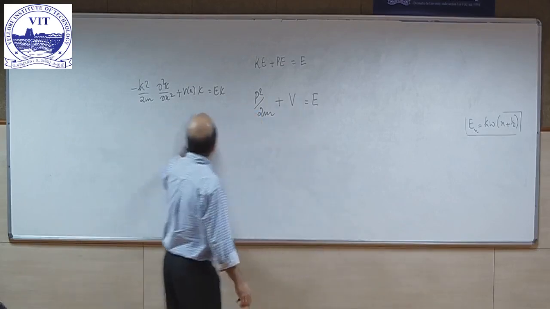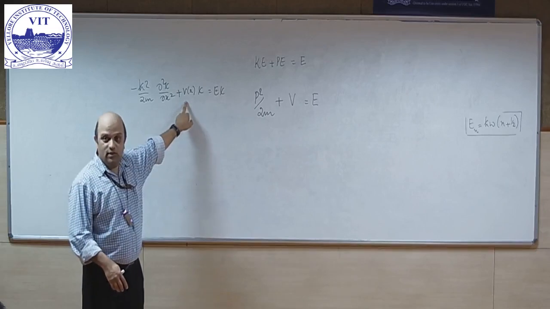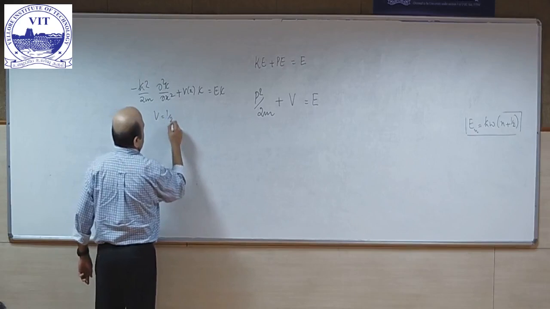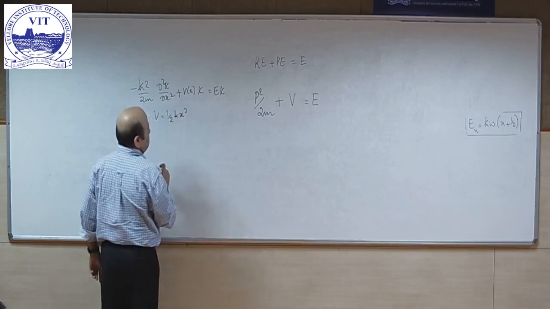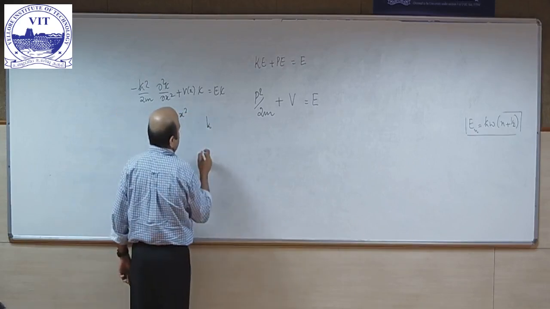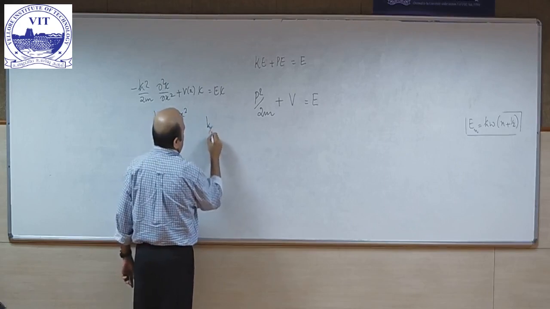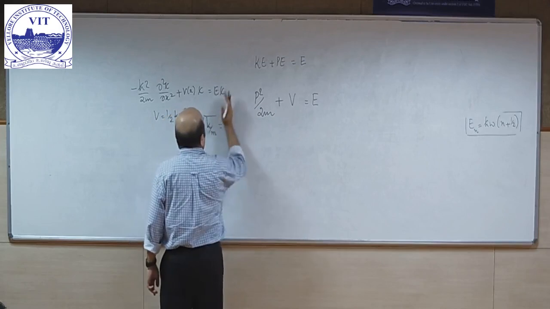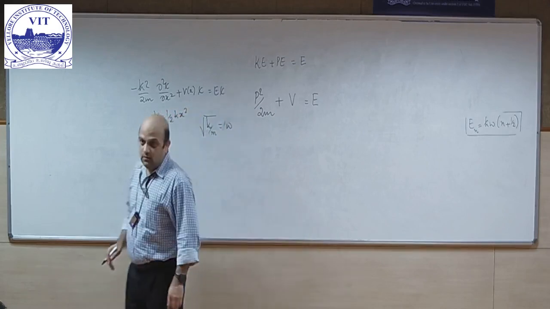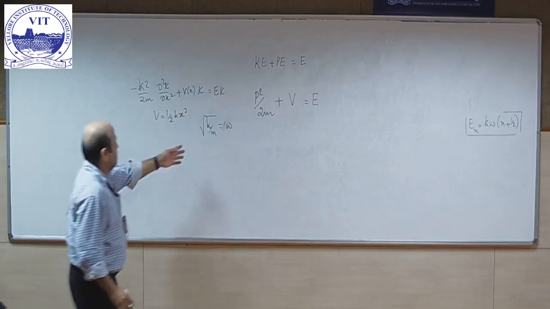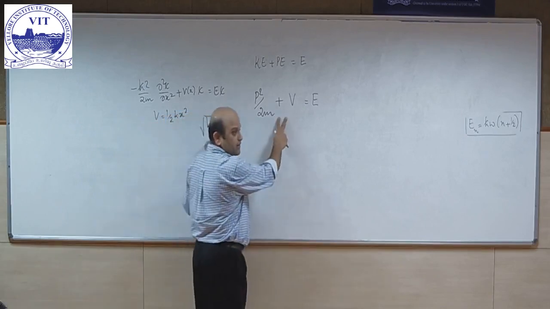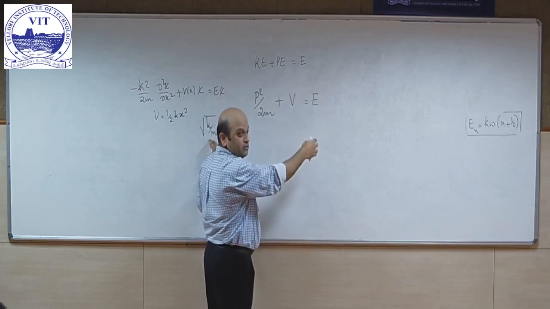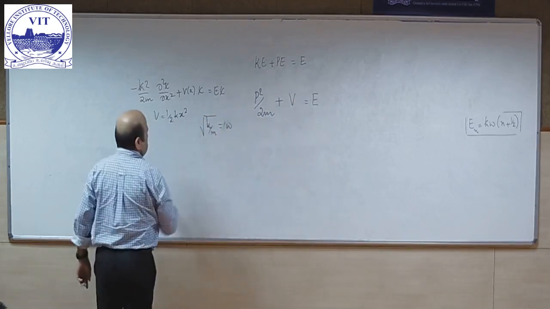In the case of the harmonic oscillator, we have V as half k x square. Square root of k by m is the angular frequency omega, so you can just substitute here. That's why I'm saying this can be written as an equation with the momentum operator and the position operator. So what does this give you?